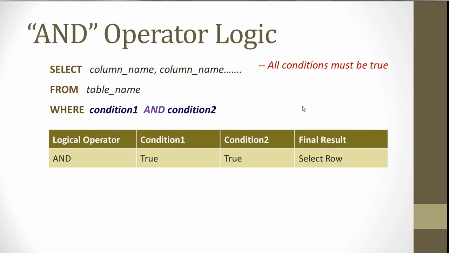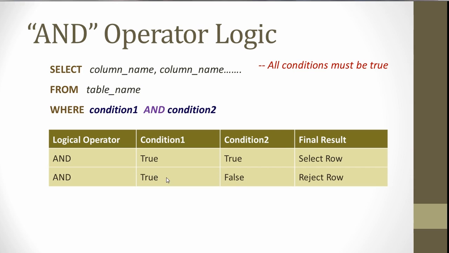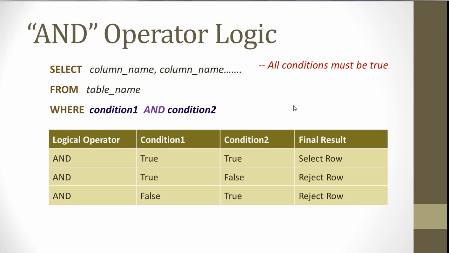Now let's look at it a little bit deeper. Let's say condition 1 holds true for a particular row, and condition 2 is true, then that row will be selected. Let's say condition 1 is true, whereas condition 2 is false, then you don't select that row, because as we said, all conditions must hold true.